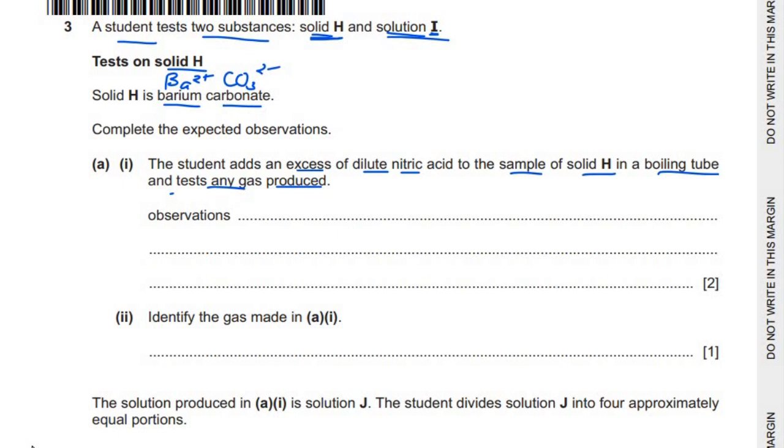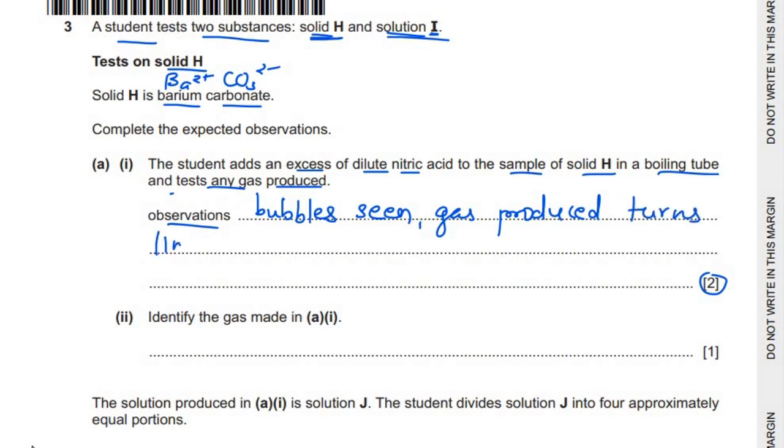Now, what is the observation? You can see there are 2 marks, so you can't just write one observation. First, bubbles or fizzing is seen; you can also write effervescence. And the gas produced turns lime water milky. The reason is that it's a carbonate.